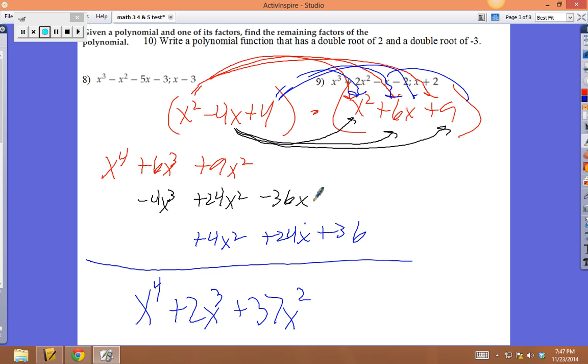Then add up your linear pieces, negative 36 and 24, that's negative 12x. Okay, and then 36. So this is the polynomial. Write a polynomial function, so just that equals y. If you graph that on your calculator, it will have two double roots at 2 and a negative 3.